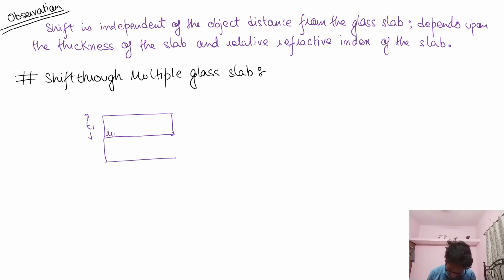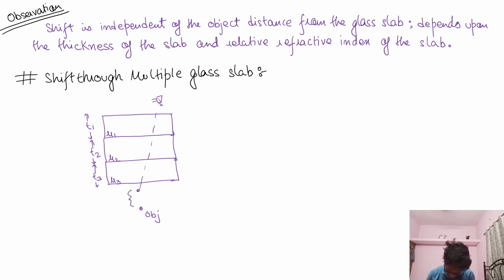There is another glass slab kept on top of this, thickness T2 and refractive index mu2. There is another glass slab kept out here, thickness T3 and refractive index mu3. Suppose there is an object out here. Now how much is the final image shifted by, as seen by the observer?